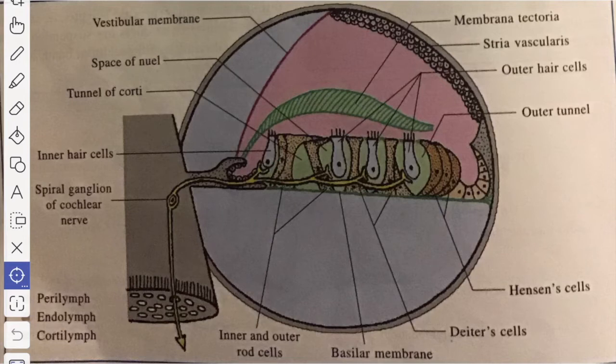About 40 to 60 stereocilia or microvilli project upward from the free surface of each inner hair cell, and the stereocilia are arranged in a U-shaped manner with the concavity directed towards the modiolus. The base of the inner hair cell is provided with two types of synaptic boutons.